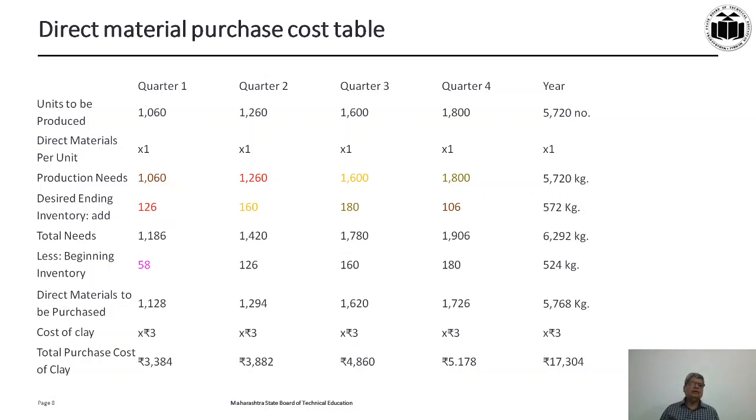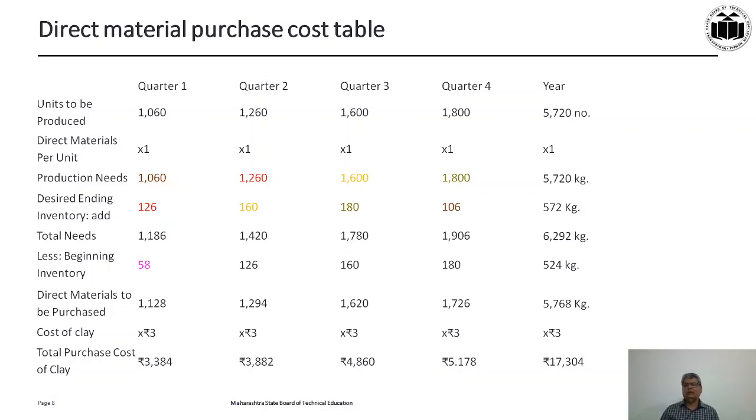Now what is the cost of the clay? It is rupees 3 per kg. So what will be the purchase cost of the clay for each quarter? It will be rupees 3384 for the first, 3882 for the second, 4860 for the third and 5178 for the fourth.